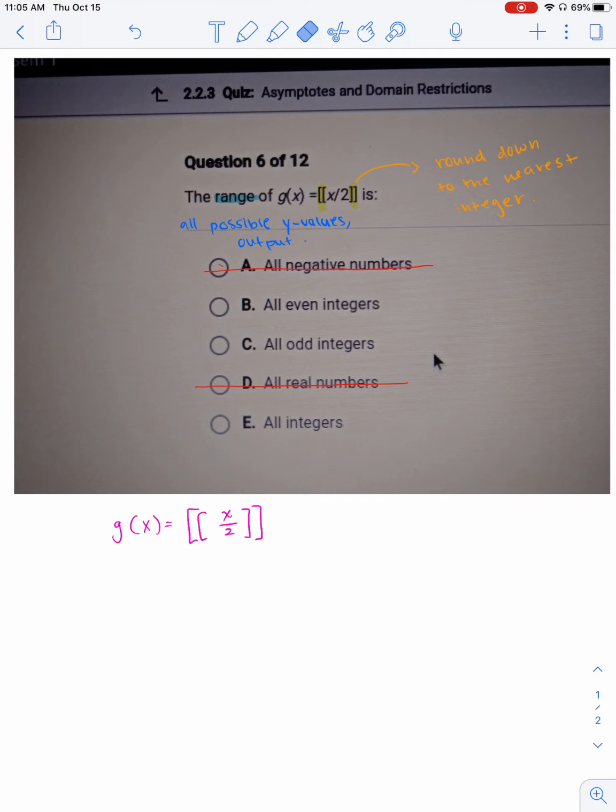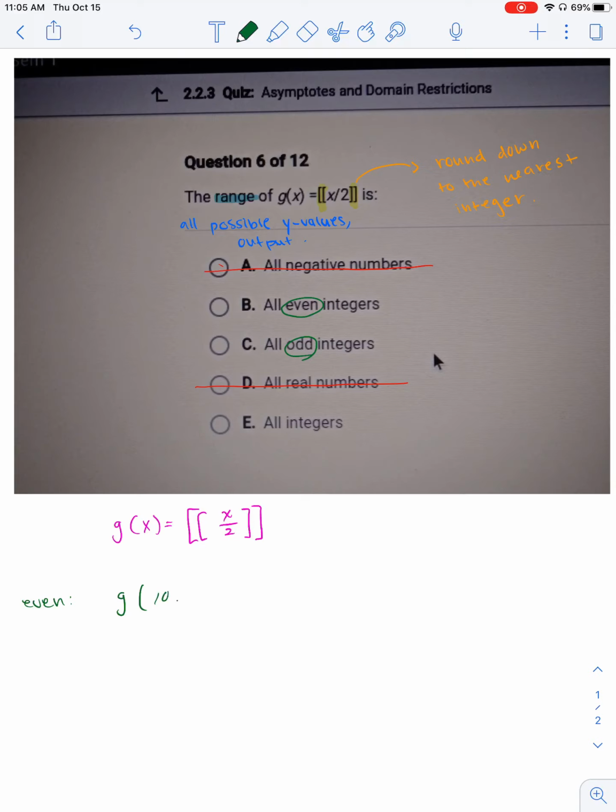So my answer will always round down to the nearest integer. But you'll see, they ask about even and odd integers. So we can consider that. So let's just put an even number for x. You can choose any even number.